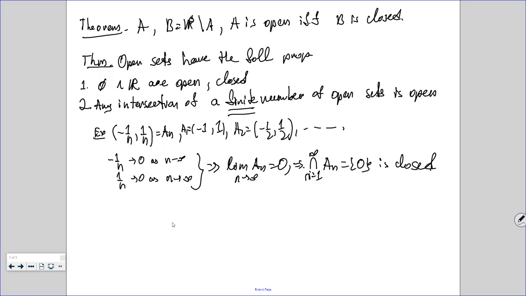Therefore, we can have an infinite intersection of open sets but end up with a closed set. That's why finite is very important here.